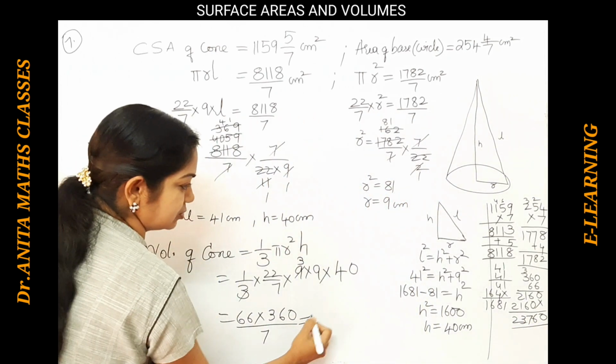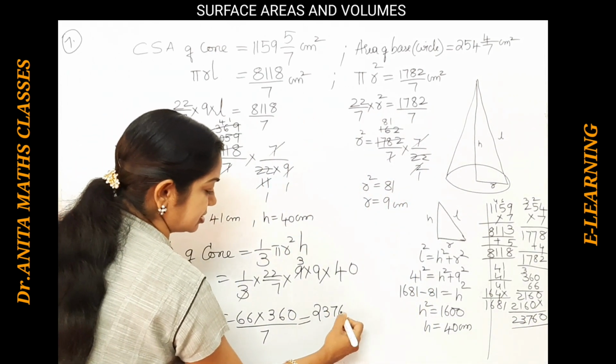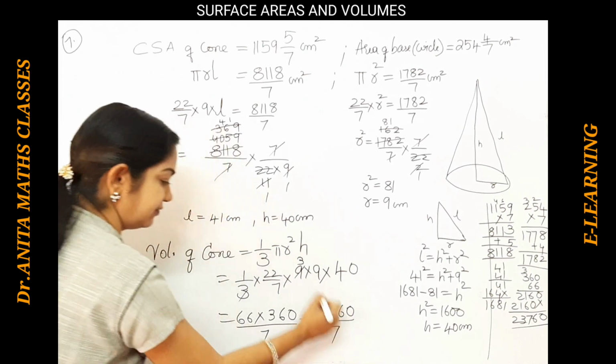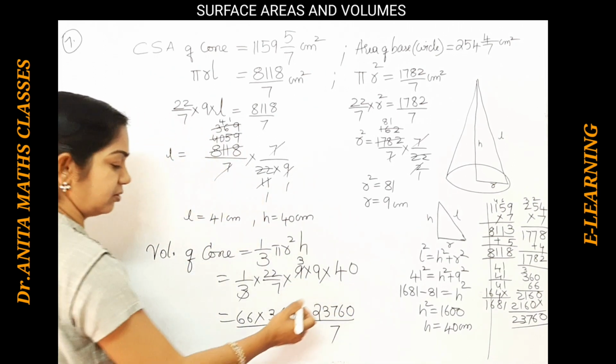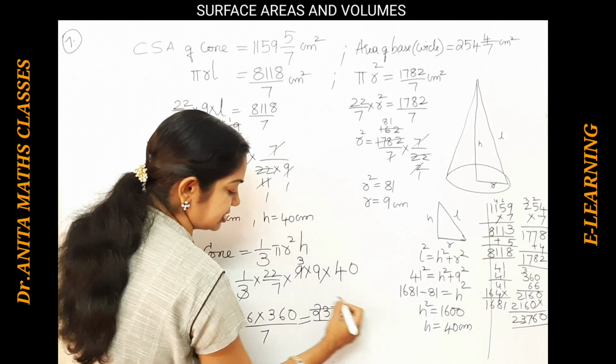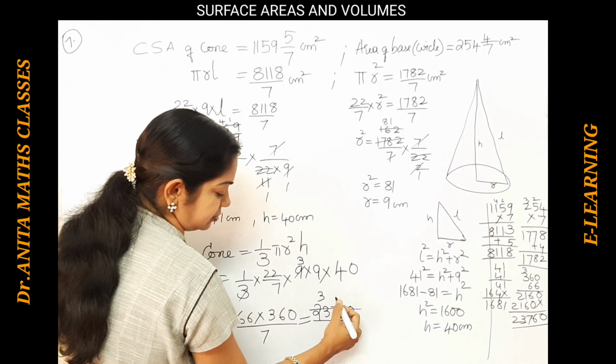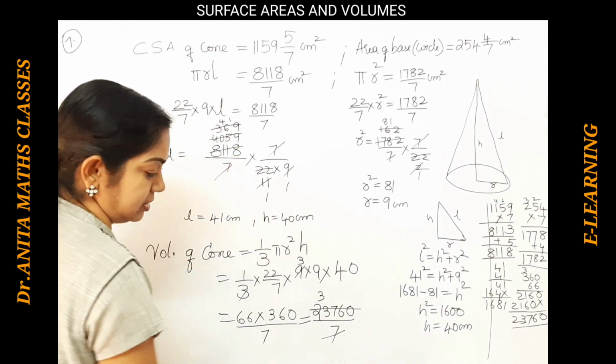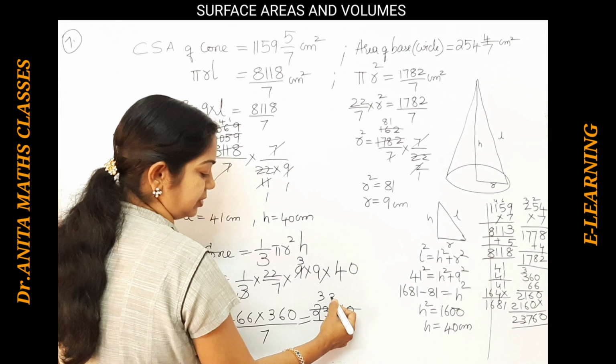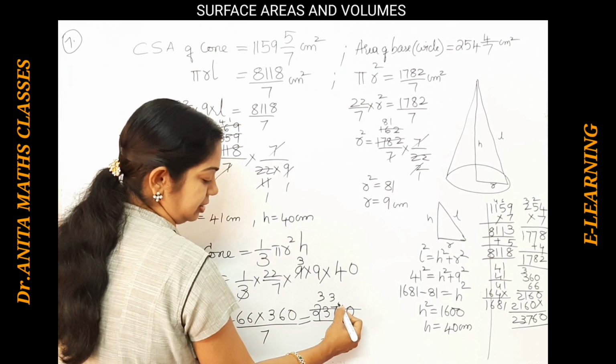So this comes to 23760. So let us see if it goes with 7, or else just divide it. 7 1, 7, 7 thrice 21. So 2 comes here. So how much does it go? 7 again, 7 thrice 21. So 6 here.